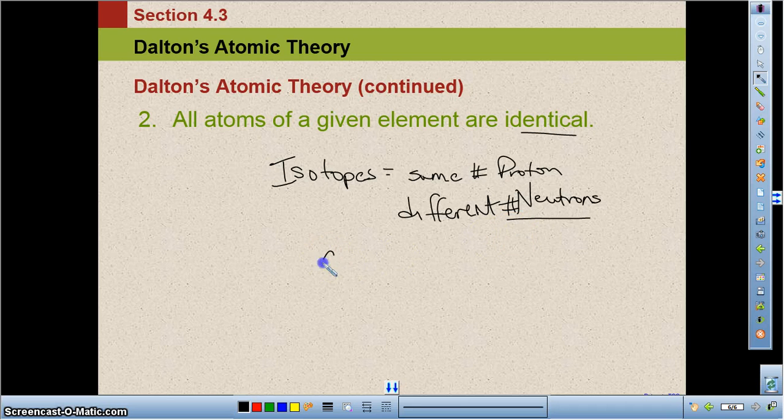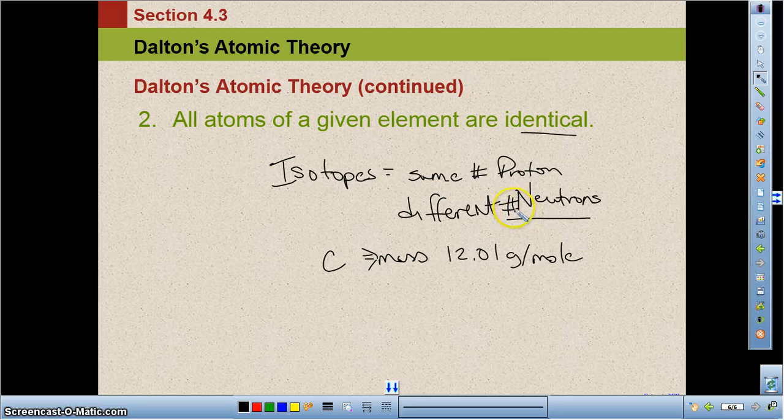Some carbon atoms, and you'll notice that when you look at the periodic table, when it shows the mass for elements, they have a decimal point. So 12.01 is what we look at for the mass of carbon. And this mass is an average number, because ideally you can't have part of a proton or part of a neutron when we're weighing the masses. So on average, the mass of a carbon atom is 12.01 grams per mole of the atom.